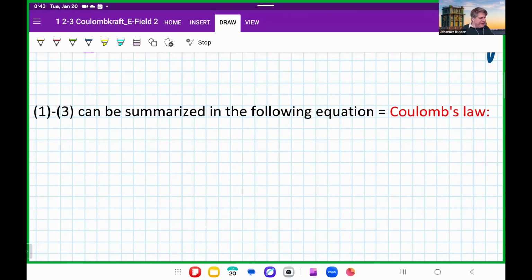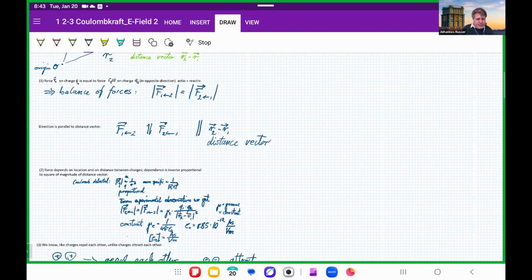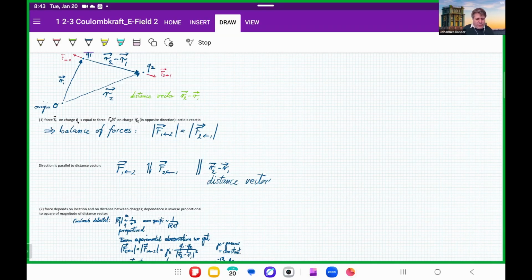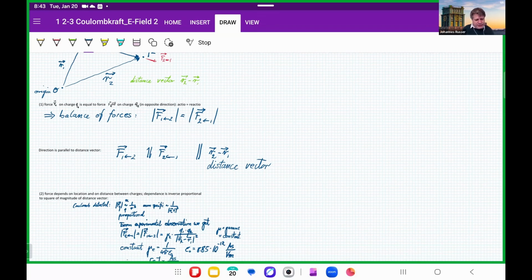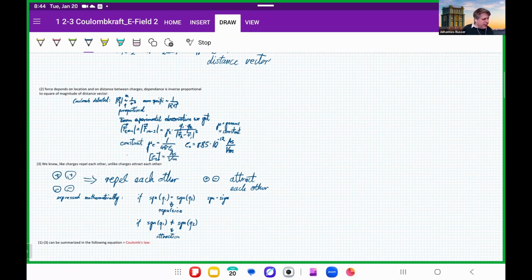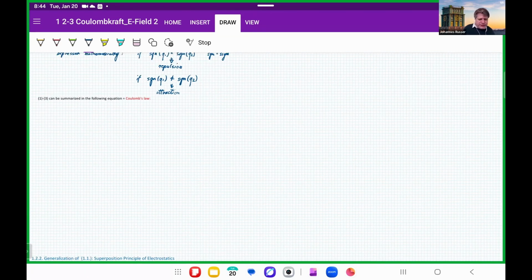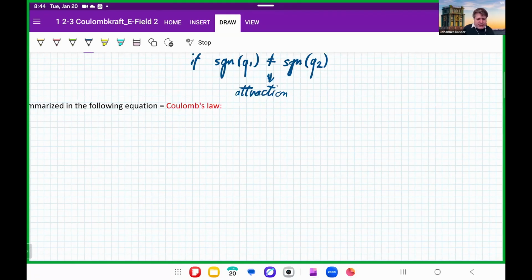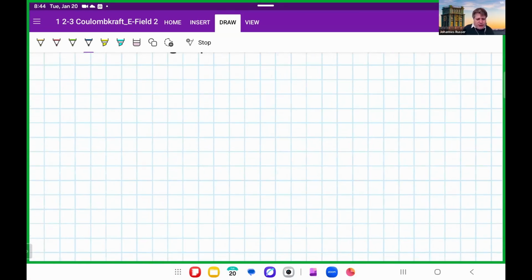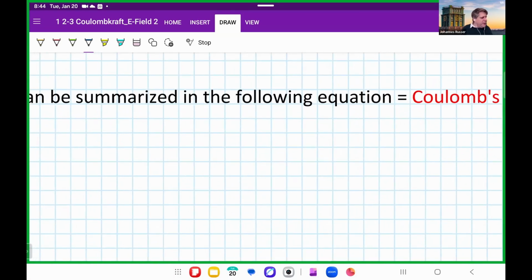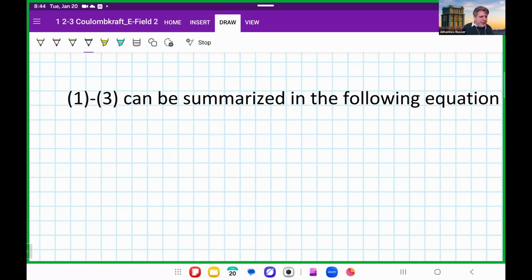So what we have seen here under 1, 2, and 3, that means the balance of forces, that they are also oriented, and the proportional factor, and the repulsion and attraction respectively, can all be summarized in Coulomb's law that we are looking at now.